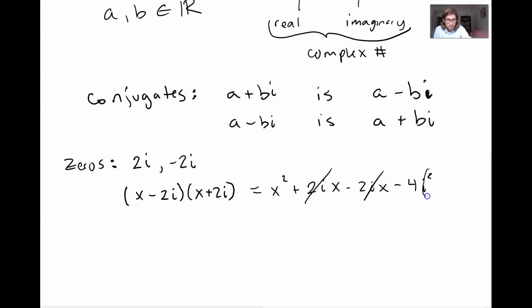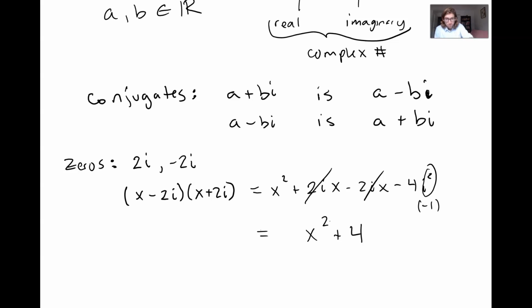And i squared, that's negative 1. So cleaning this all up, this is x squared, negative 4 times negative 1 is plus 4, positive 4. Even though we have two imaginary answers, our polynomial, which you would get from them, doesn't have any i's in it.